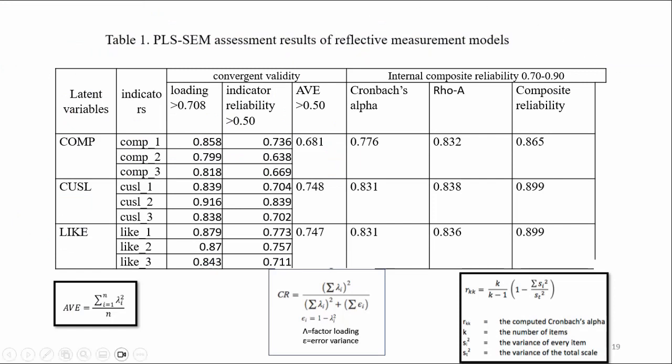The result I have already copied in here. You can see the loadings are all satisfied, greater than 0.708. The indicator reliability is also satisfied because it is greater than 0.5. The AVE is greater than 0.5, and Cronbach's alpha, rho_A, and composite reliability fall between 0.7 and 0.9.